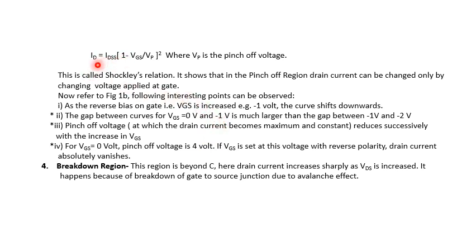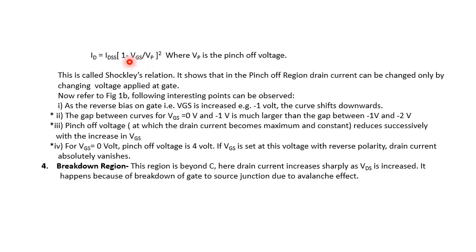We have seen that in the saturation region, the drain current becomes independent of VDS. So if we are increasing or decreasing VDS, the current will remain constant. If we want to increase or decrease the drain current, the only option left is VGS.